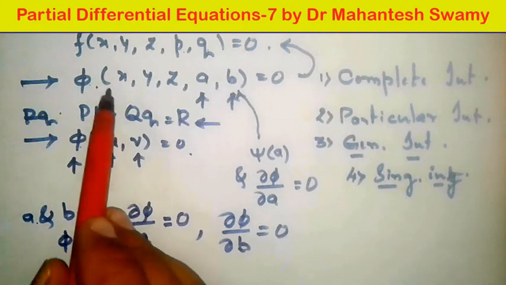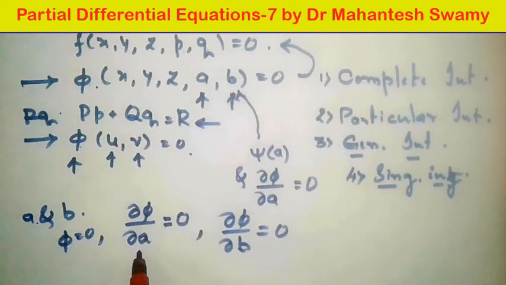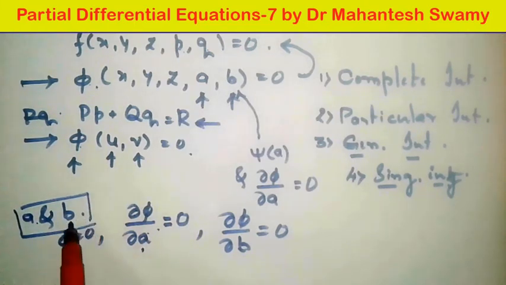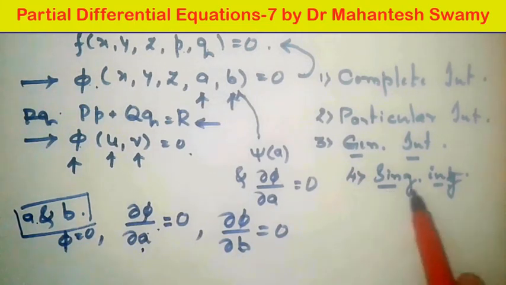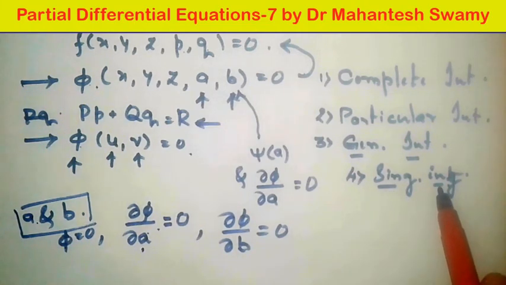So we differentiate the complete integral partially with respect to a and with respect to b, and consider those expressions equal to 0, which gives us two different equations. Between those two equations and the given complete integral, we can eliminate a and b. After eliminating a and b, the solution we get is called the singular solution or the singular integral of the given partial differential equation.